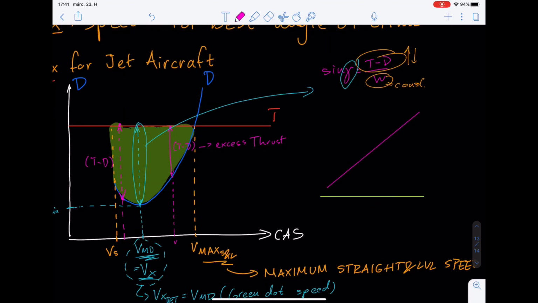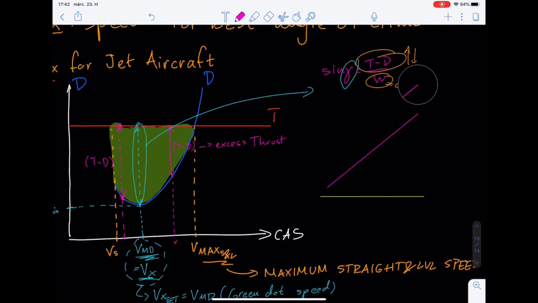So what happens if you start flying at a lower speed? Then you're going to be to the left of this initial point, and therefore your excess thrust is going to be smaller.